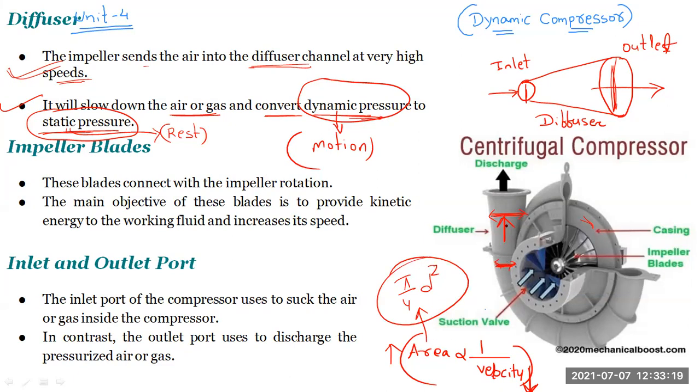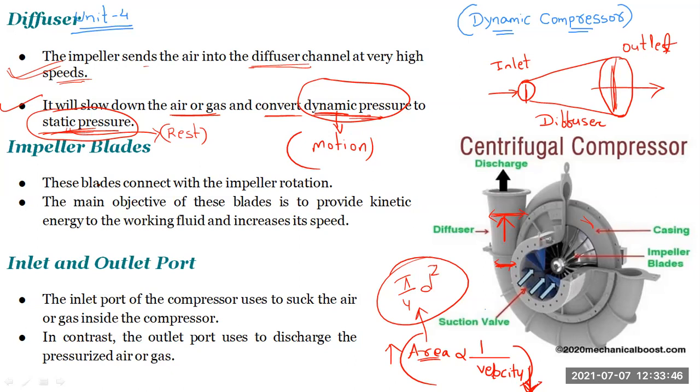But as you proceed, this diameter will gradually increase. If diameter will increase, area will also increase. And if area will increase, velocity will decrease. And if velocity will decrease, then the dynamic pressure will be reduced to static pressure. Okay, that is the use of a diffuser.